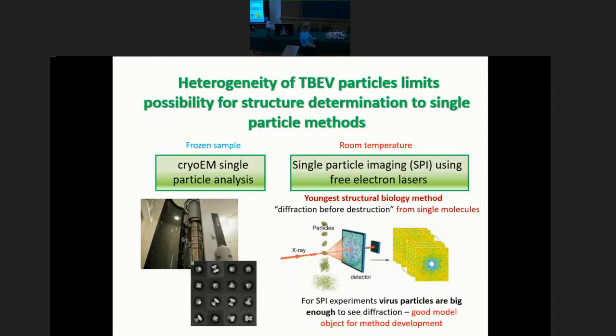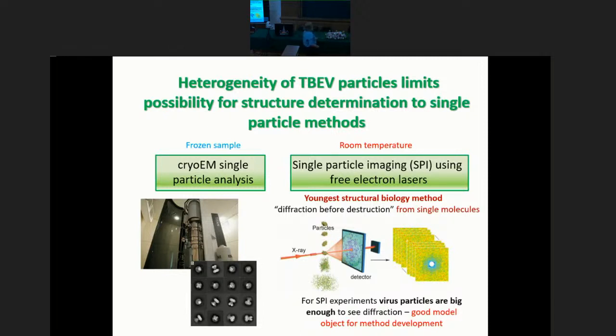This method is based on the diffraction-before-destruction principle. You have a stream of very concentrated particles. You have to deliver it under the bright beam, detect the diffraction patterns from single particles, collect millions of images and process them, and hopefully you will have a structure.